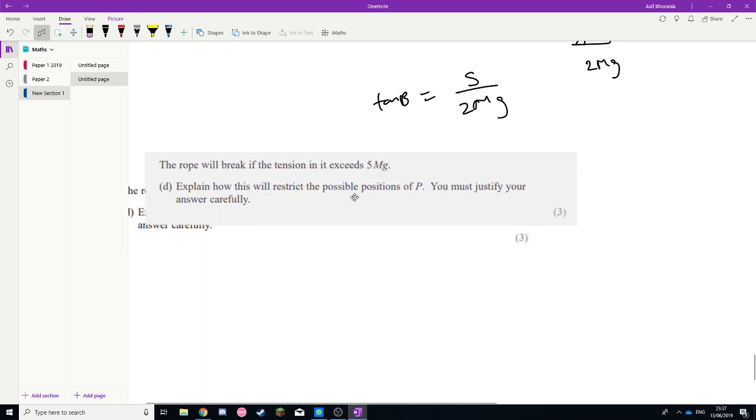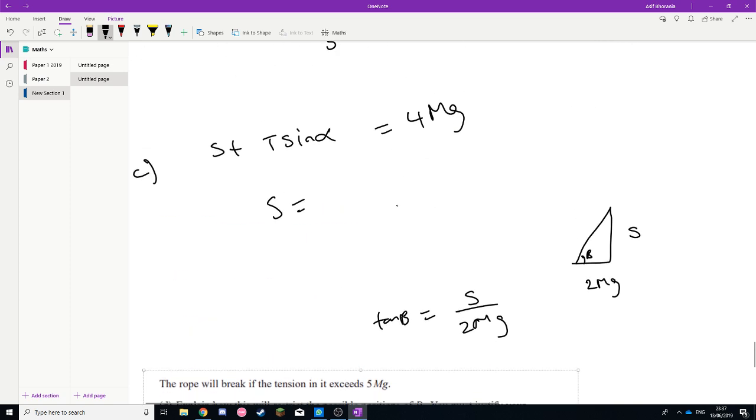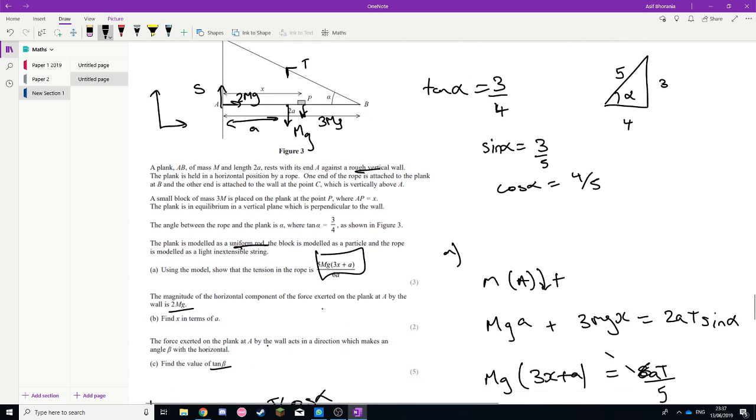The rope will break if the tension in it exceeds 5 mg. Well, we know the tension is given by this expression.